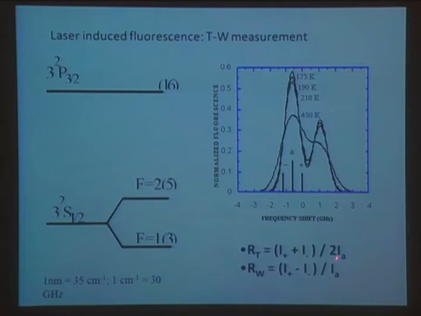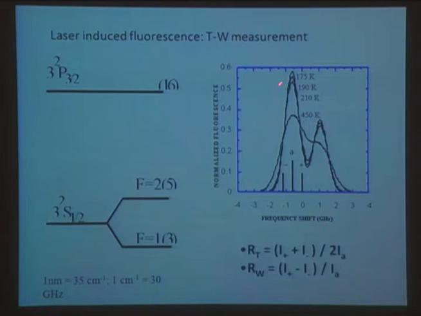And I A is the peak intensity. So when temperature increases, the width gets broader, right? So this average intensity on the side will increase while the peak intensity will decrease. So therefore, you can have temperature information.